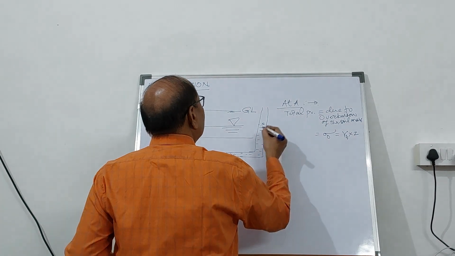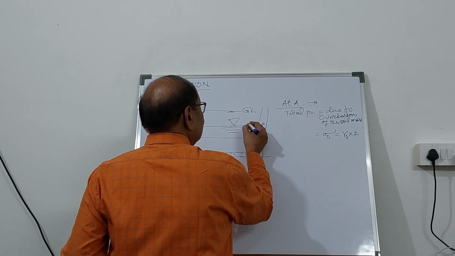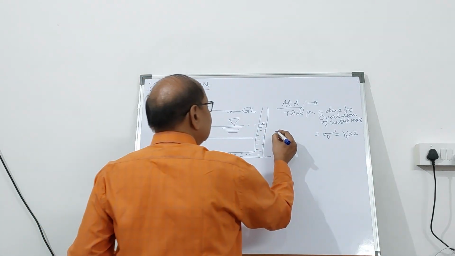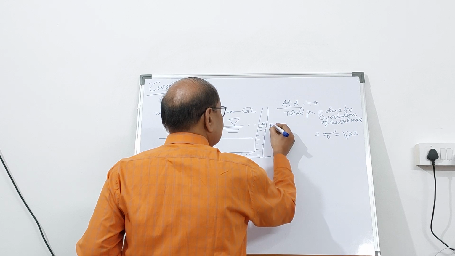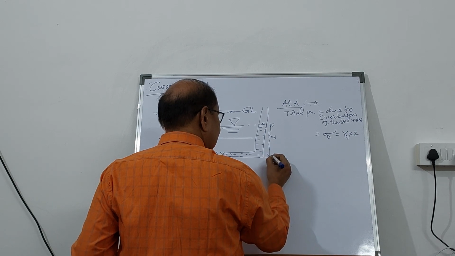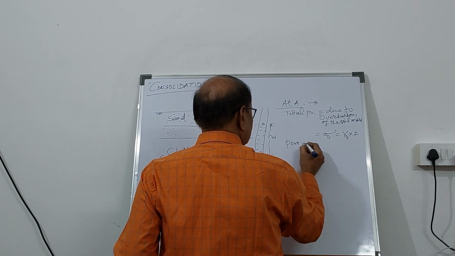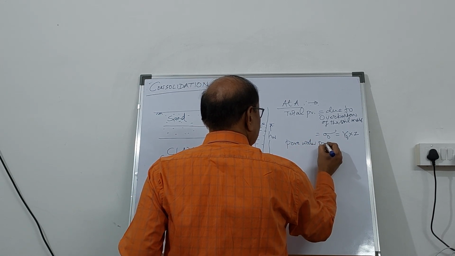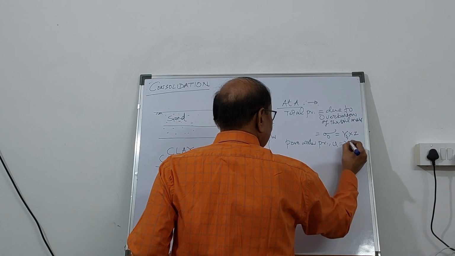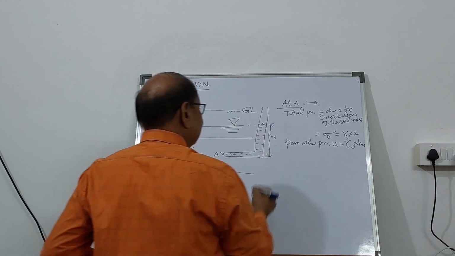The head of water at A is going to match with the groundwater table, and therefore the pore water pressure, which we call U, is going to be the unit weight of water multiplied by the head of water above that point.